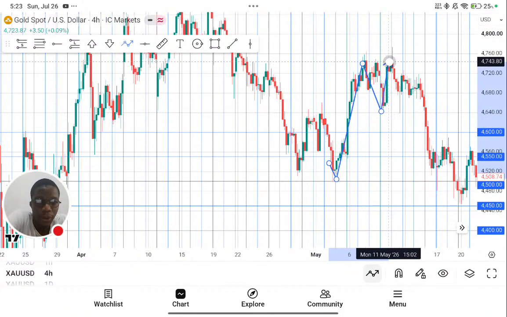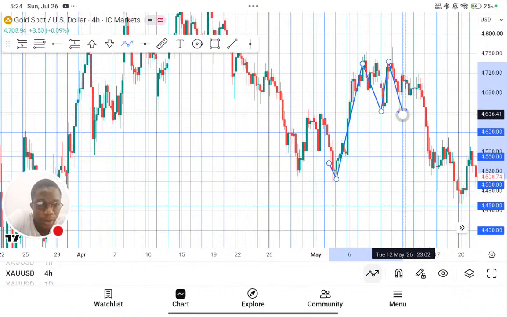We are hoping for a new high to form now. But then it failed. It couldn't make a new high. It went back down, made an equal low, came back up, and couldn't make a new high. So from here we are seeing something happening. Then all of a sudden it went to break this low.